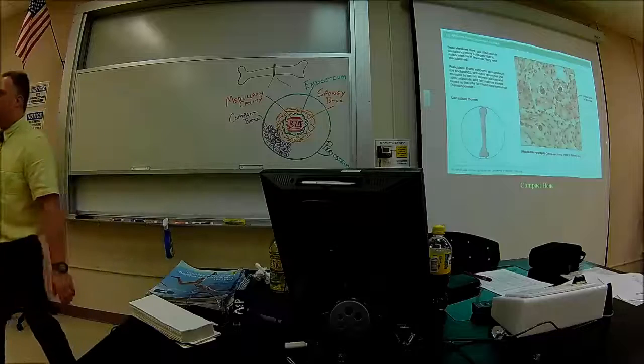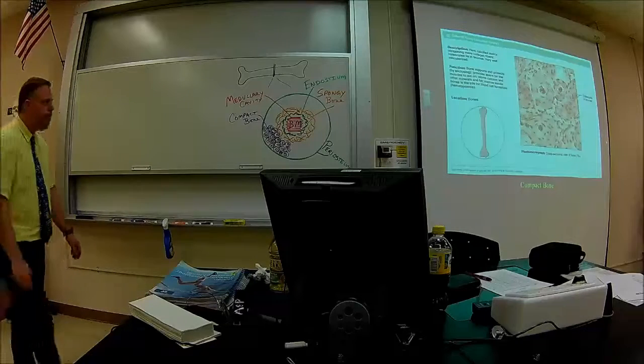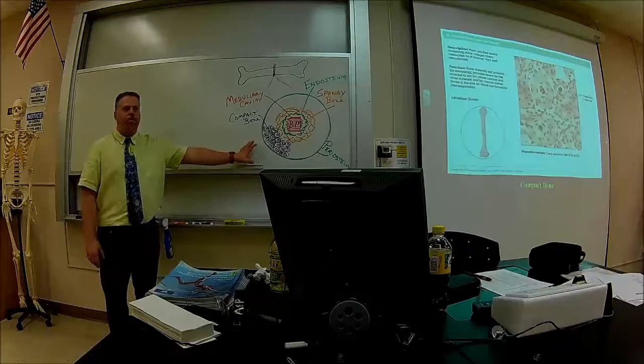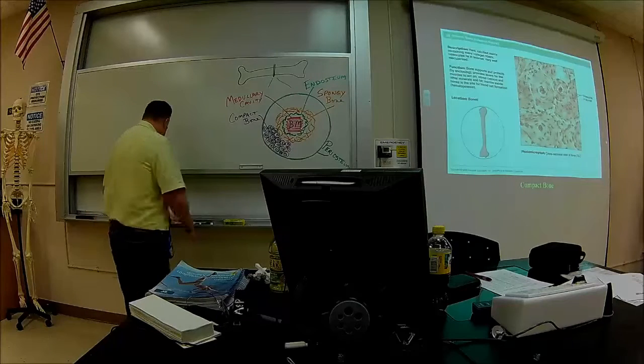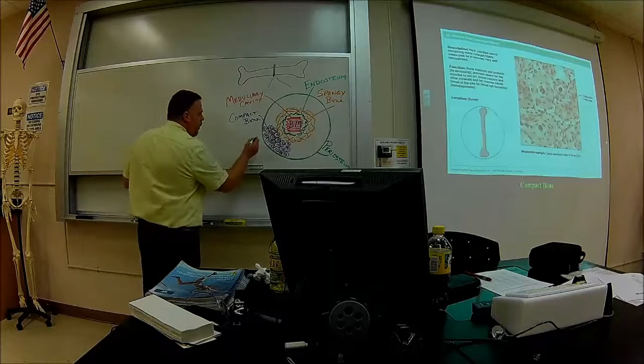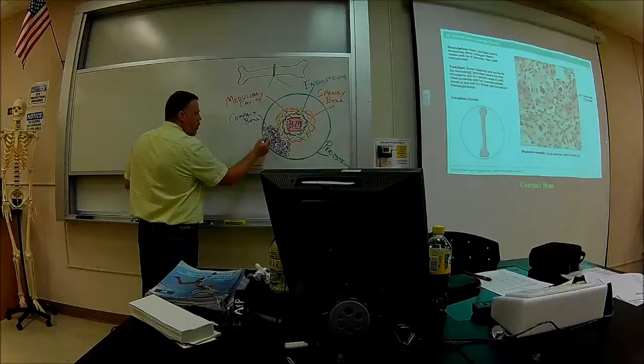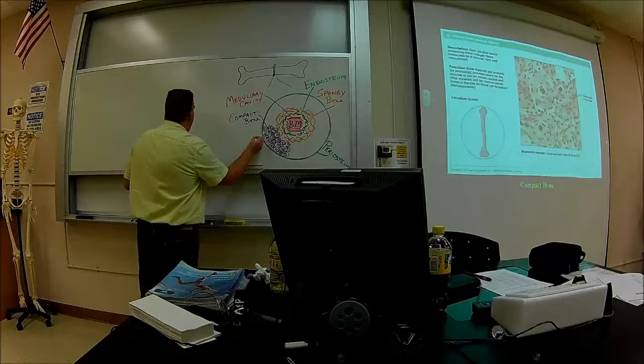Now, we got to look at it closer. We okay with it so far? All right, now, what I want to do is take one of these tree stumps and blow it up.